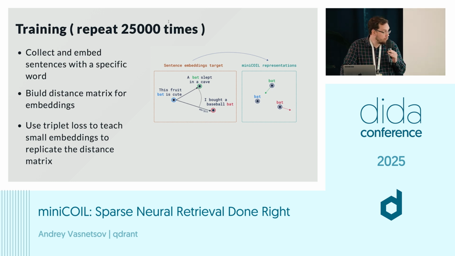to ask me afterwards. And having this distance metrics, we basically use a triplet loss to teach a smaller embedding representation to replicate this original distance metrics built with full-scale embeddings. So we practically do dimensionality reduction using the triplet loss.